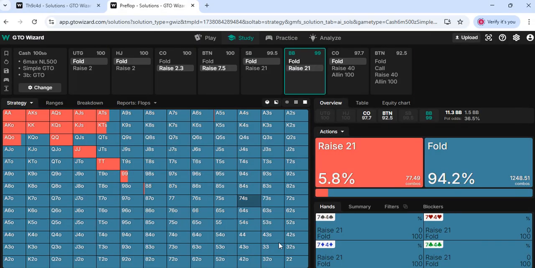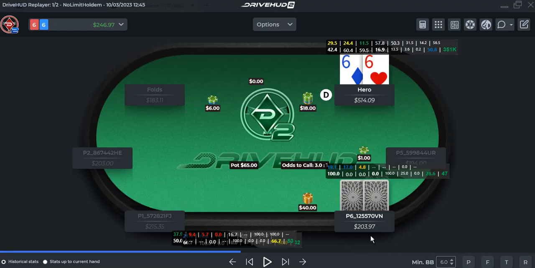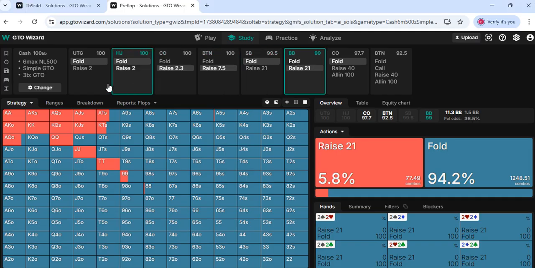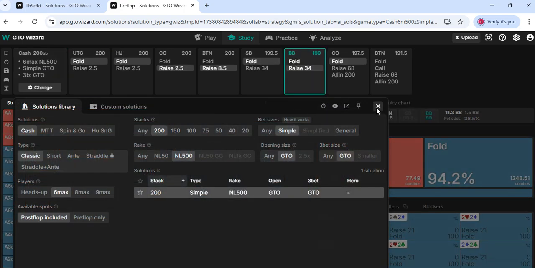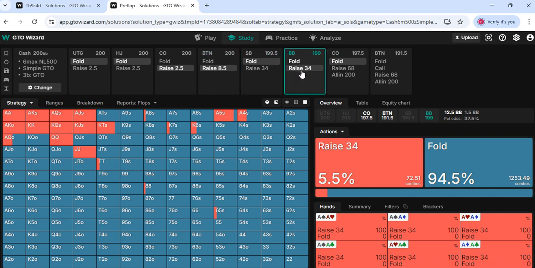But he also went small, and we are a bit deeper. And what do we know about theory? The deeper you are, the bigger your cold 4-bet range should be. So I'll give you an example. In this spot at 100 big blinds deep, it goes 2.3, 7.5, 21. If I change this to 200 big blinds deep, now it goes 2.5, 8.5, 34.